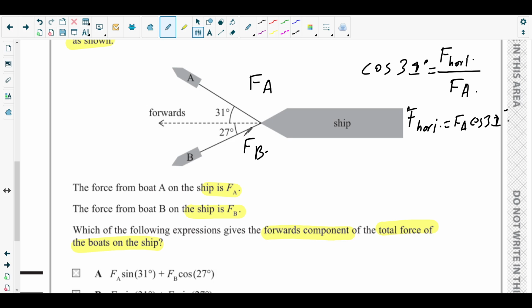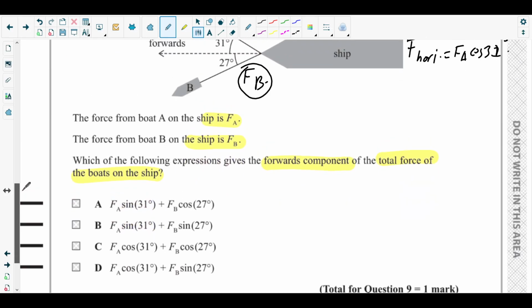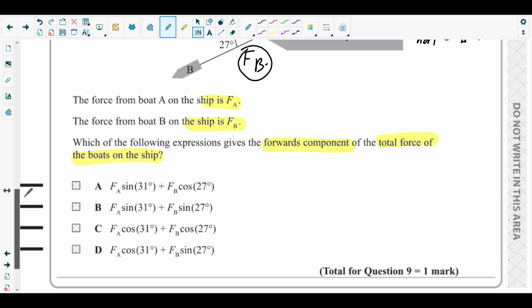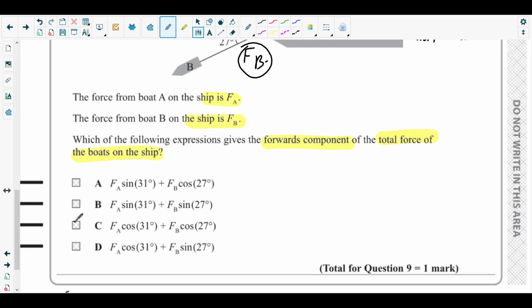Similarly, you will get an exactly similar equation for F of B, just with a difference in the angle, that is 27 degree. So it is F of A cos 31 degree plus F of B cos 27 degree. So C is the answer.